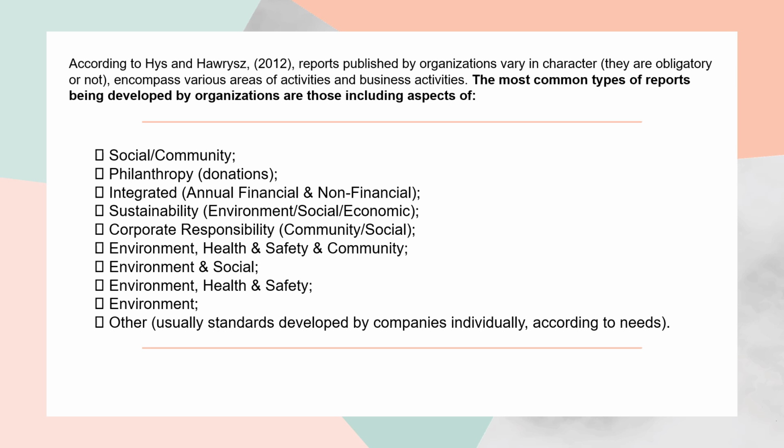The most common types of reports being developed by organizations are those including aspects of social or community, philanthropy, donations, integrated, annual financial and non-financial aspects of the business, sustainability, corporate responsibility, environment, health and safety, and community, with other standards usually developed by companies individually according to needs.